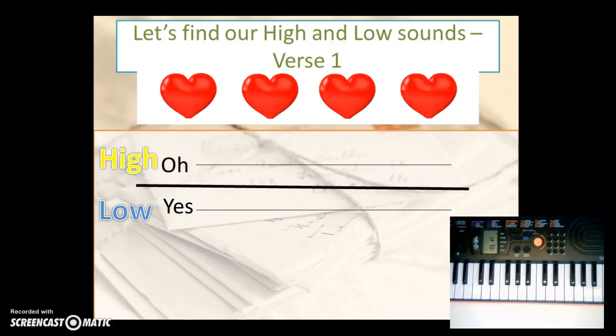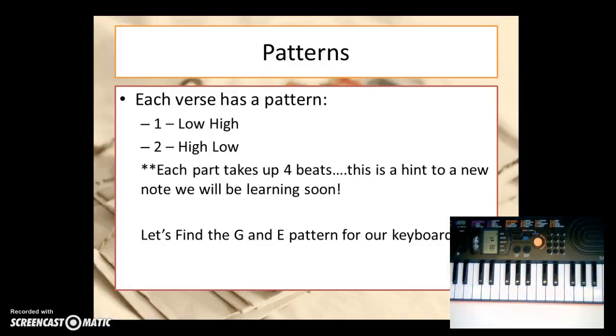So you did a very good job today of looking at this pattern. So each verse has that pattern. Verse 1 goes low-high, oh yes, and verse 2 is the opposite. It's high-low, oh yes, and each part takes up 4 beats. Like I said, this is a hint to a new note that we are going to be learning soon.